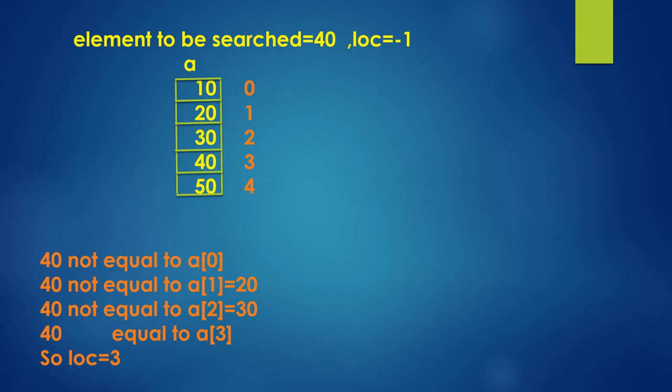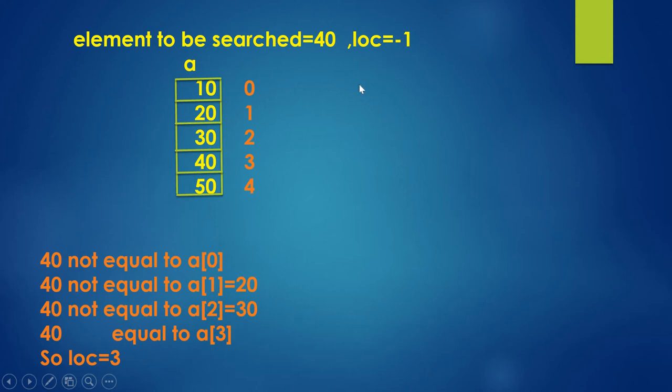If the element is there, you have to print the location also. That's why we are using one variable, loc, for location. We also need to initialize that variable: we have to initialize location to minus 1.